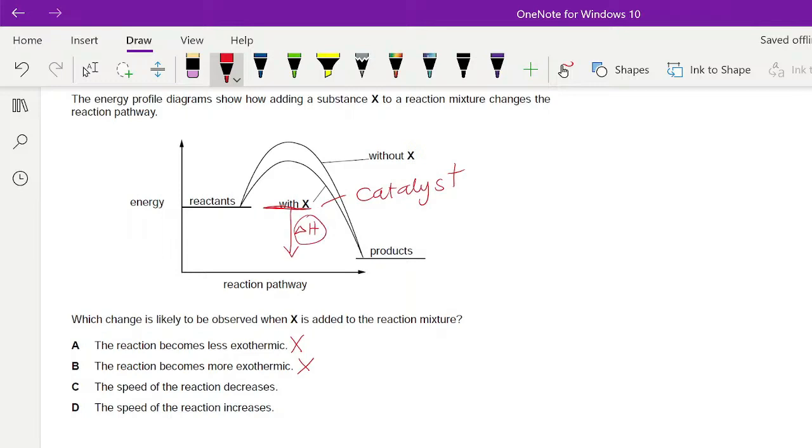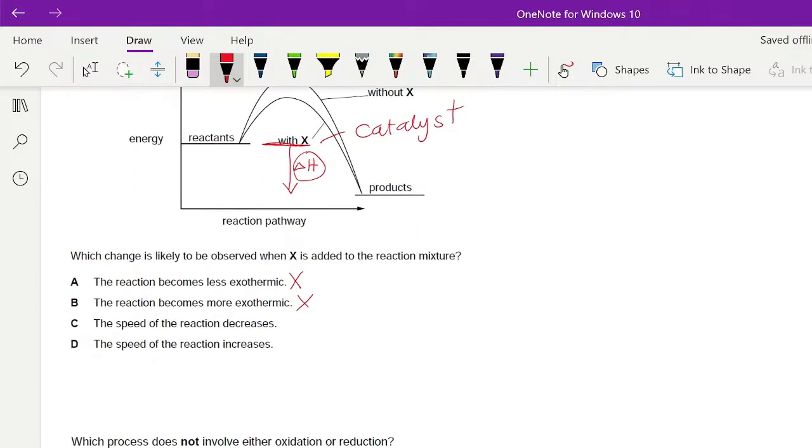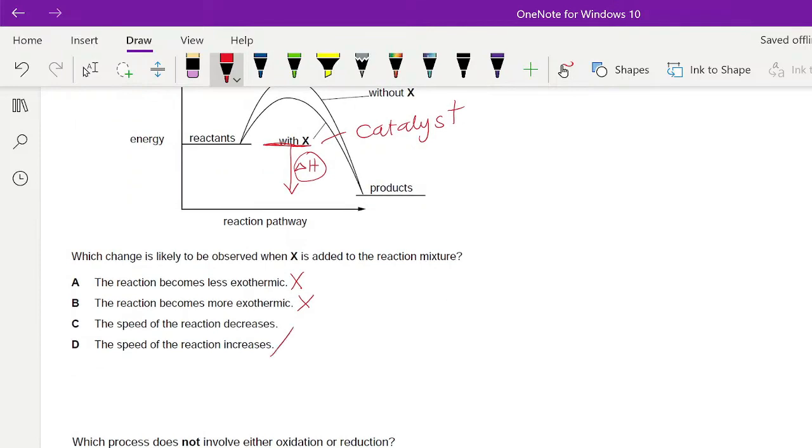So delta H or enthalpy change is the same, so it's equally exothermic even with catalyst, right? The speed of reaction though will increase. So D is the answer.